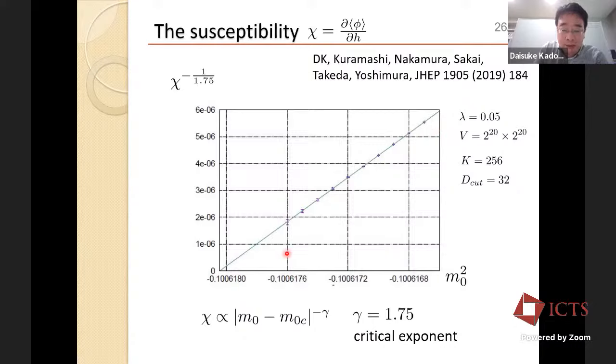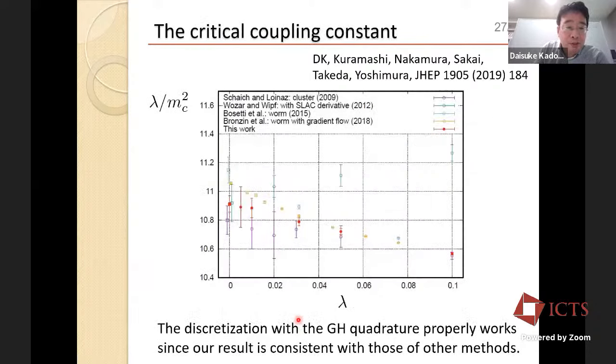And from these results, the critical exponent is obtained, and it is consistent with that of the two-dimensional Ising model, and the critical mass is obtained from the fit of this data. And this figure shows the critical coupling constant, and this line corresponds to the continuum limit, and these red points are the results obtained from the TRG method.